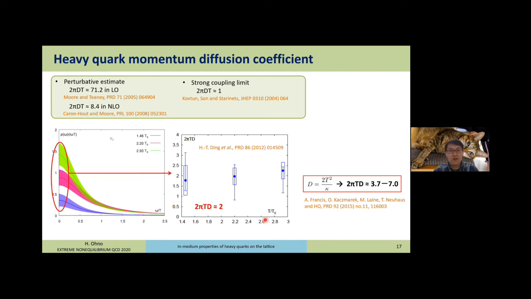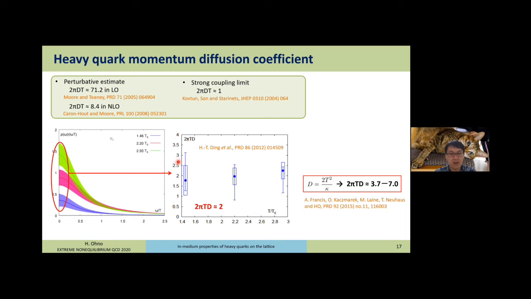And then we compared our result to some other lattice QCD data, and this lattice QCD calculation corresponds to the direct calculation of the spectral function. I mean, they directly extracted the spectral function itself by using the maximum entropy method, and they get the heavy quark diffusion coefficient like this for each temperature.